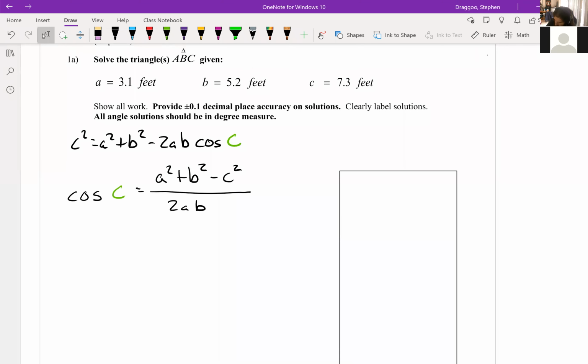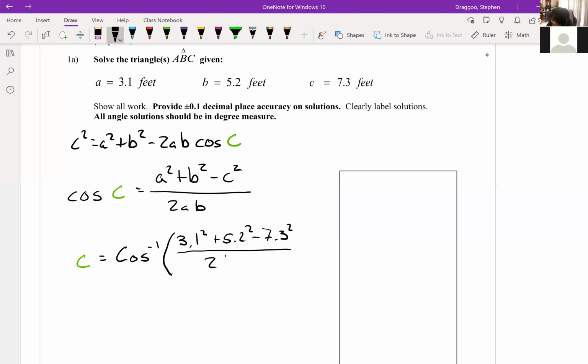So in the end, what actually needs to go into our calculator? C is equal to the cosine inverse of 3.1 squared plus 5.2 squared minus 7.3 squared all over 2 times 3.1 times 5.2.